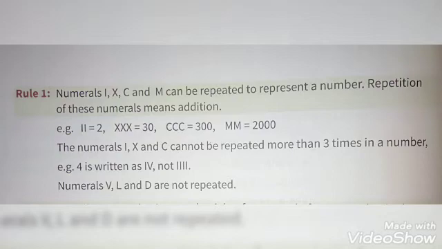Listen carefully and understand: numerals V, L and D are not repeated. You will never see these 3 Roman numerals repeated. So this is the rule. Basically, rule number 1 you have understood.